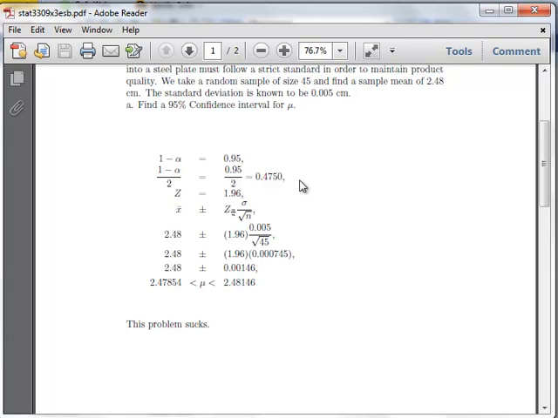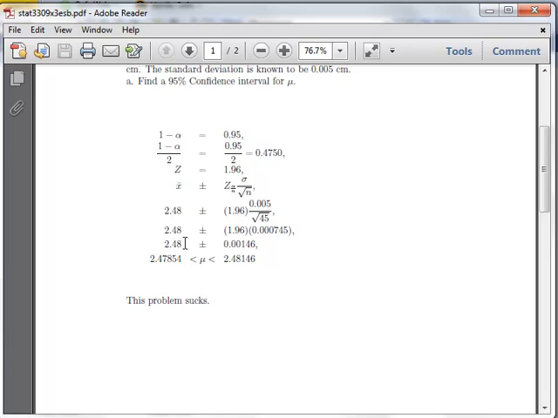So now you've got all the puzzle pieces for your formula. So you're going to have x bar of 2.48 plus or minus 1.96 times 0.005 over the square root of 45. And that's going to be 2.48 plus or minus 1.96 times 0.000745.